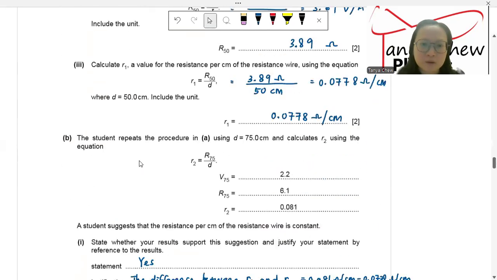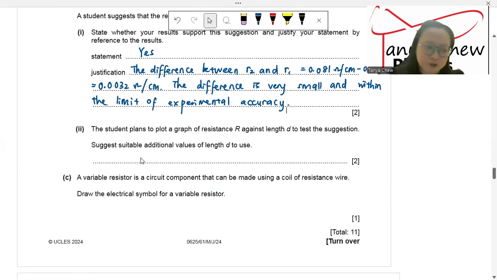ends. Right, so I would say that a suitable length would be, the student has already measured 50 cm, and 75 cm as well. That is why I would suggest a smaller scale, maybe 10 cm, maybe 20 cm, okay?